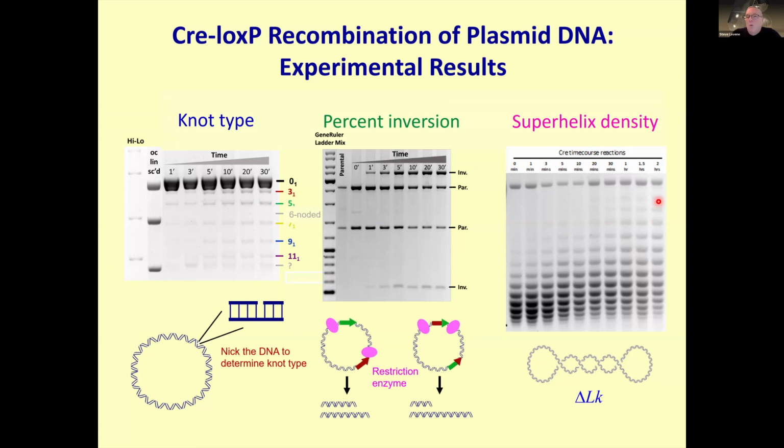So there's no extraneous relaxation activity. It's all driven by Cre. But that is in fact a distribution that consists primarily of unknot DNA, right? Because unknot DNA dominates the products.